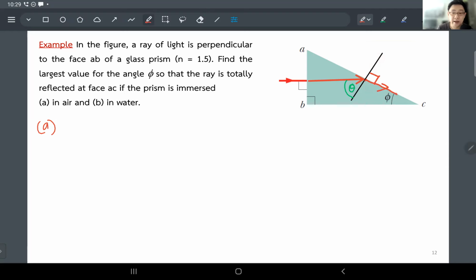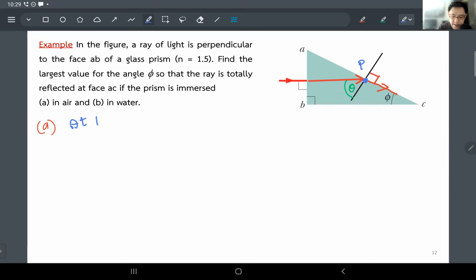With me? Because this is the crossing line between getting refraction or not. All you have to do is set the refracted beam to make a 90-degree angle with the normal, and then apply Snell's law at the point of refraction. You can call this point P, for example.